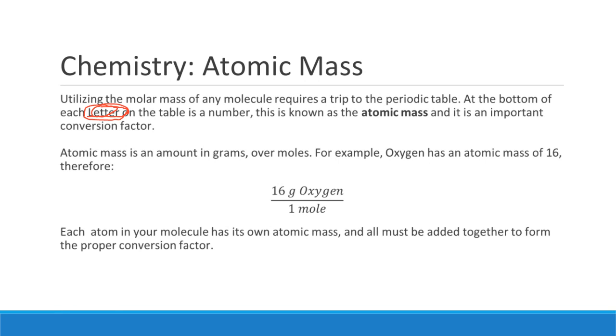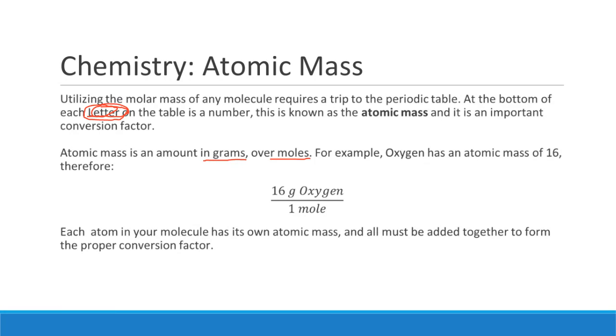So if you look at a periodic table, you would say, okay, right under oxygen, it says 16.001. For the simplification of it, I'm going to just call it 16. That is a mass amount in grams over moles. Mass is a weight measurement.